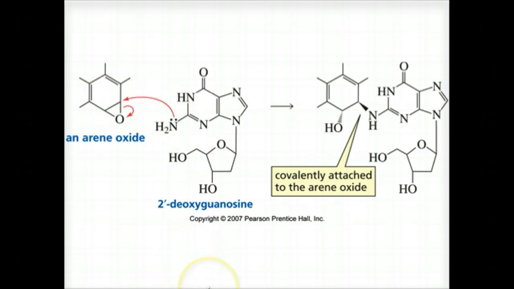When a molecule of 2-deoxyguanosine becomes covalently attached to an arene oxide, the 2-deoxyguanosine can no longer fit into the DNA double helix, and as a result, the genetic code will not be properly transcribed, which can lead to mutations, which eventually can lead to cancer. So that is a very clear example of the dangers of the formation of arene oxides, or the epoxide structure itself.